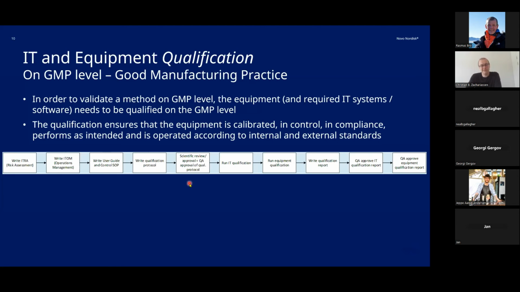So there are a lot of requirements to GMP qualified equipment.